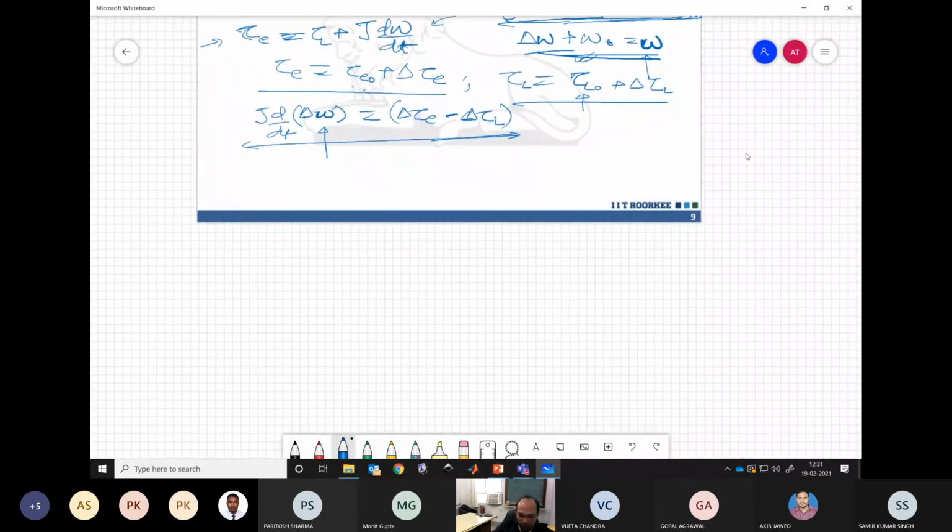So if we try to solve this, first we will have a reasonable mathematical expression for these terms. So let us say we write like this.